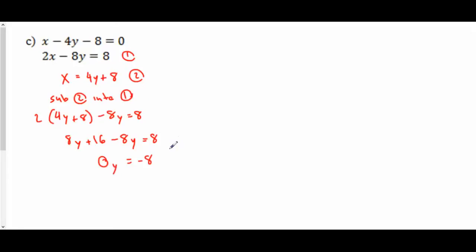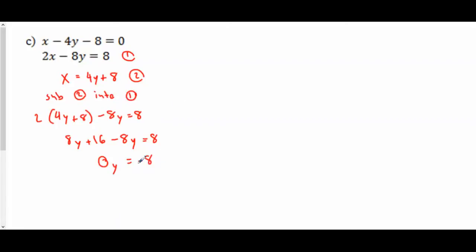Okay, so if you tried that question, you might have got stuck at a point like this. I rearranged this equation, subbed it into the second equation, but I had 8y minus 8y, which gives me 0y, right? 8 minus 8 is 0. And I had 0y equals negative 8.